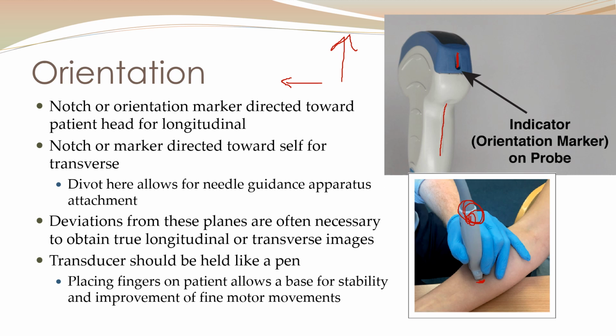And don't be afraid to rest your hands on the patient or support your arm if necessary, as the more support your hand has, the less you're going to wiggle or wobble or lose track of the image that you have, because your hand is sliding or shaking or something like that.